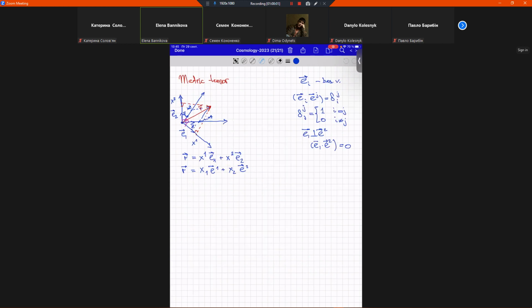So from this point, let's consider the element of the length of this vector.